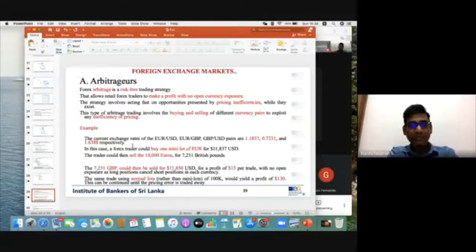In this case, a forex trader could buy one mini lot. One mini lot is 10,000 euro. So if you want to buy 10,000 euro, you have to pay 11,837 USD.